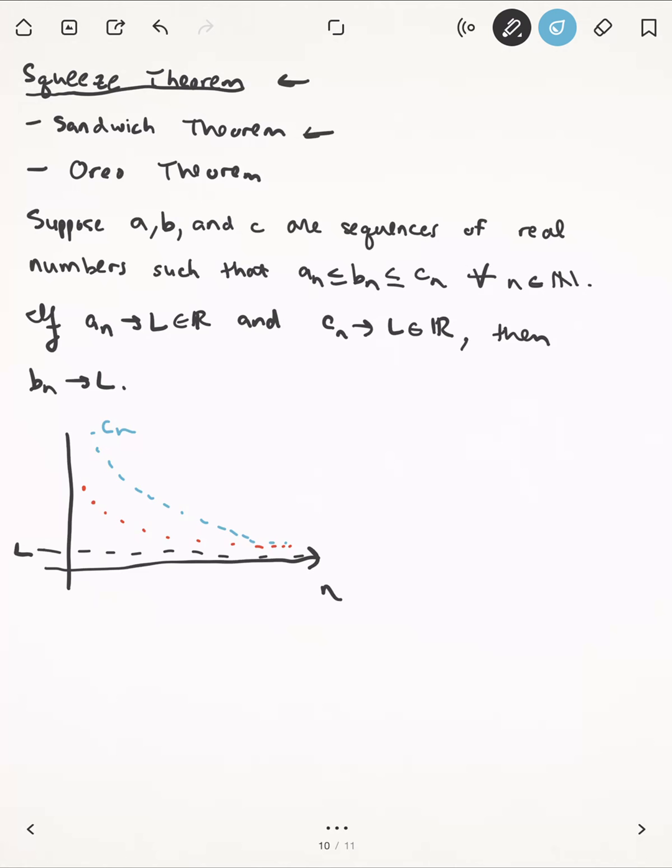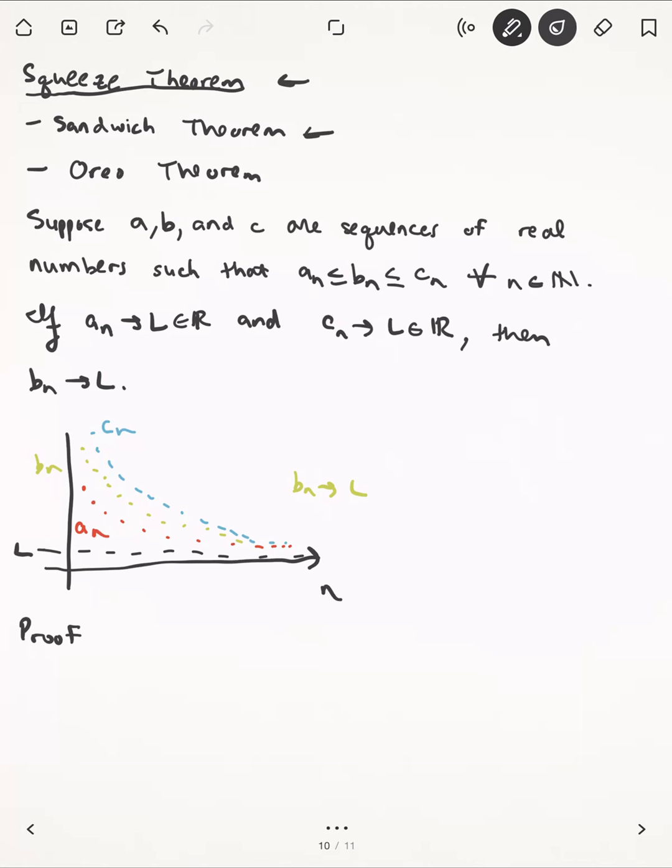So this is C sub n, this is A sub n, and perhaps B sub n is a more complicated sequence, but you know that it's between A sub n and C sub n, then B sub n tends to L. Okay? So this is what it means by you're squeezing it.